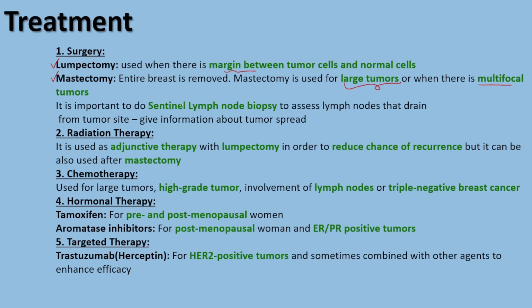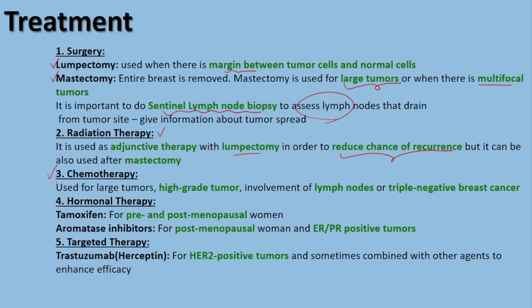In addition to that, you have to do the sentinel lymph node biopsy in order to assess the lymph nodes and see if there are local metastases to the axillary lymph nodes or not. We have adjunctive radiotherapy, and this is usually done with lumpectomy or mastectomy, in order to reduce the recurrence chance of the breast cancer.